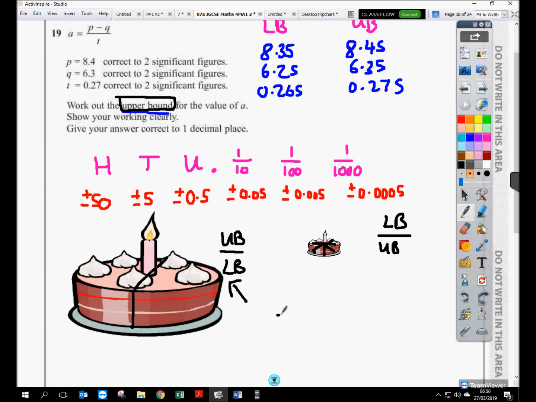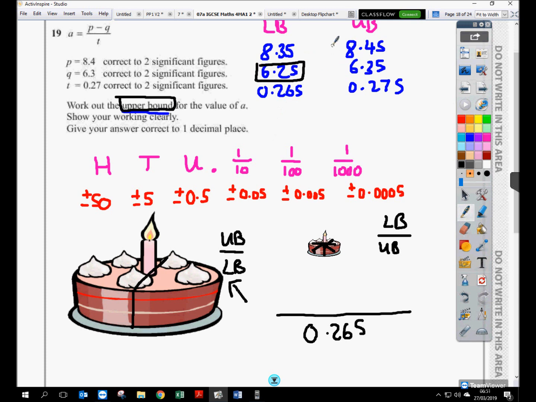We want the upper bound in the numerator and the lower bound in the denominator. The denominator is quite clear, it's just t. So we want the lower bound of t, that's 0.265. But then in the numerator we have the difference, and we want the upper bound of the difference. So it's the difference between p and q. We want the greatest gap between p and q.